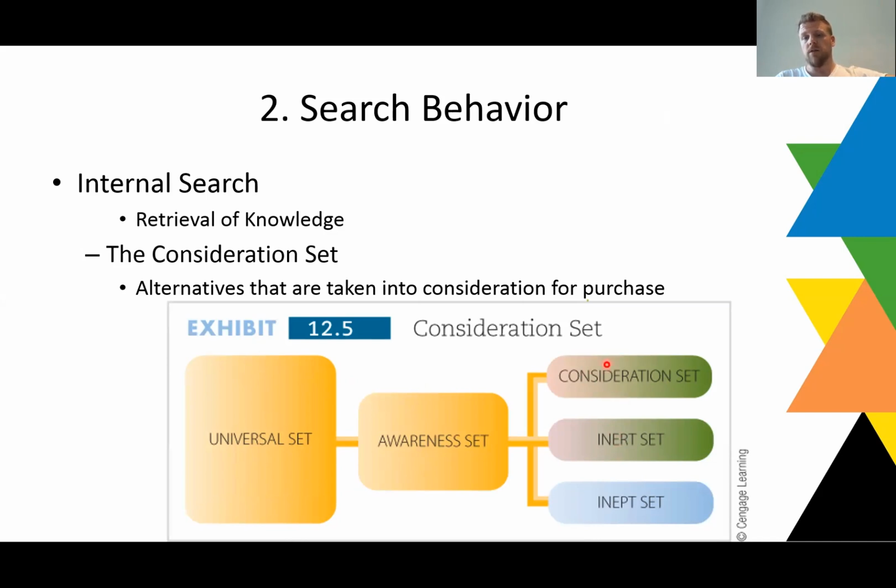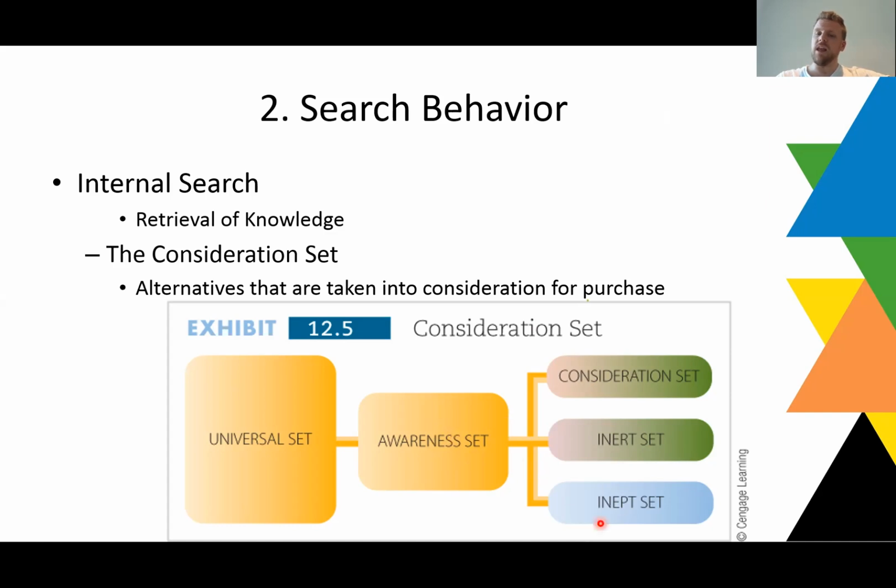So I might engage in an evaluation of which I like best today. And then I have an inert set, which means I have inertia towards that. That might be a set of brands that I know, which I don't really like, but I don't really dislike, right? Consideration set is the set of brands that are options. Inert set are brands that I know but don't care about.